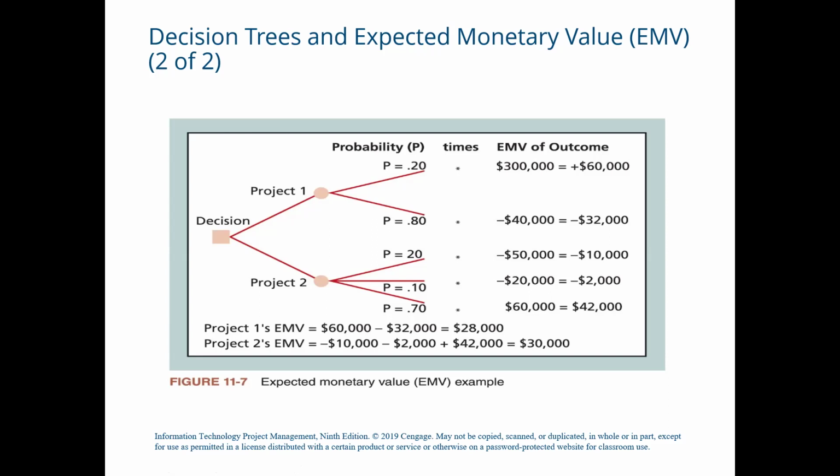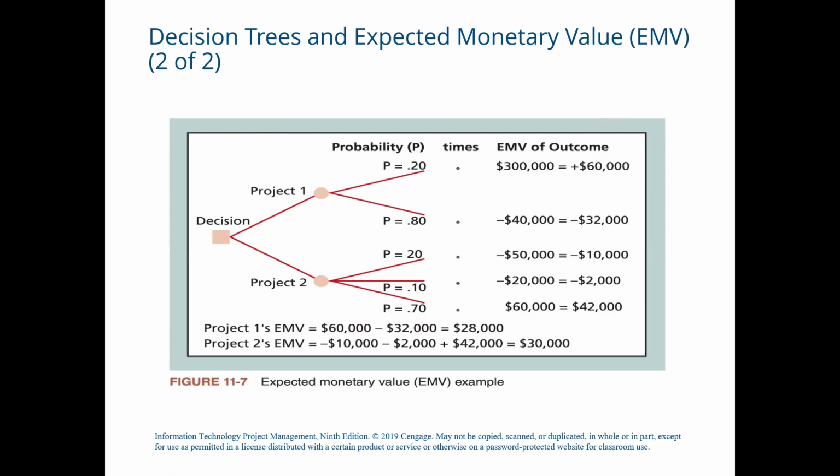So if Cliff were a risk seeker, he would naturally want to bid on project 1. However, there is only a 20% chance of earning the $300,000, because for project number 1 the probability of not winning the project is 0.8.